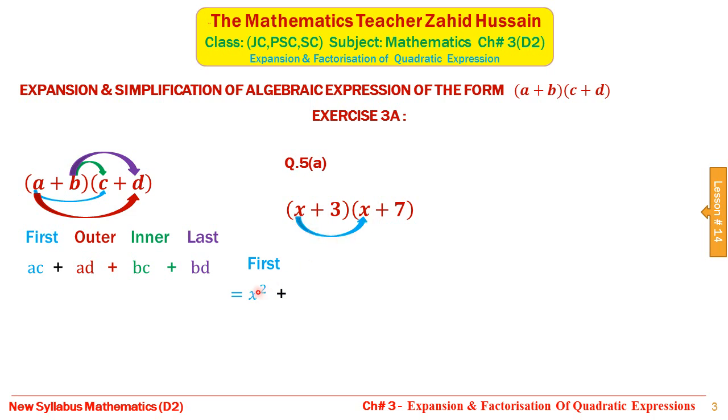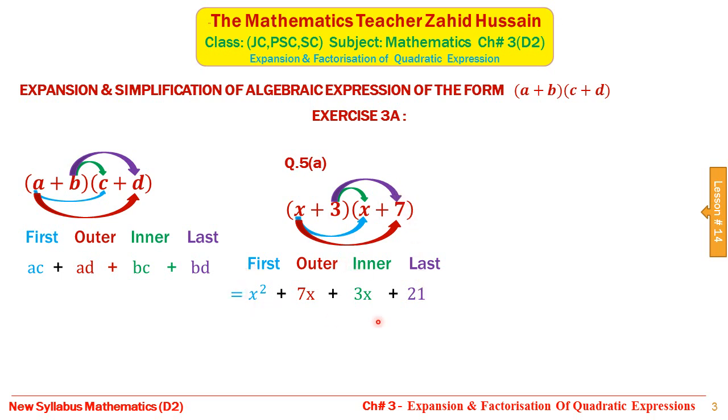We will get x square. Then we will multiply the first term of the first bracket with the second term of the second bracket and we get 7x. Then we will take second term and multiply it with the first term of the second bracket, and then we will multiply the second term of the first bracket with the second term of the second bracket and we get 21.